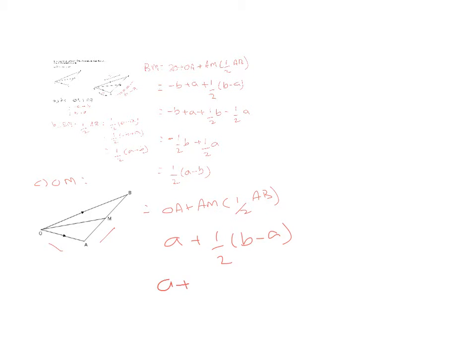So A plus half B minus half A. When you simplify, A minus half A equal to half A, and we have plus half B. So we rewrite half of A plus B.